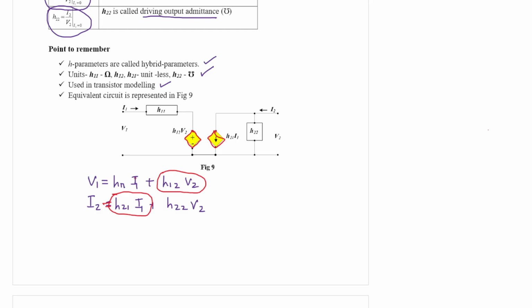Now V1, the input port voltage, is injecting some current I1, and it is flowing through an impedance called H11. So that is why the H11 I1 drop appears, and this drop along with the H12 V2 voltage source makes the total input voltage V1. That is the meaning of the first equation.